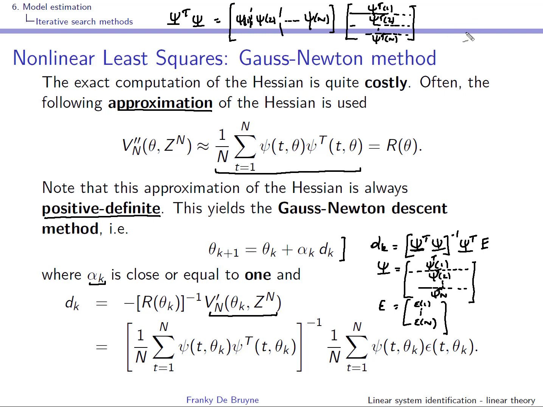And this you can write as a sum, t equal to 1 to n, of C_t C_t transpose. Okay, so this expression is correct because you see here that the 1 over n cancel out. Okay, we like this expression here because it's organized in terms of matrices.